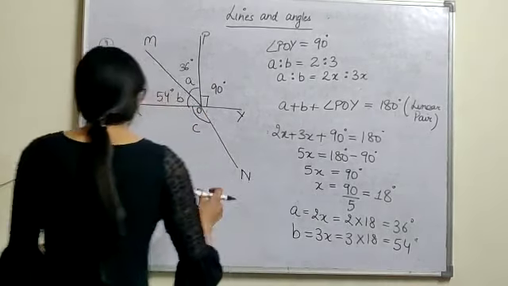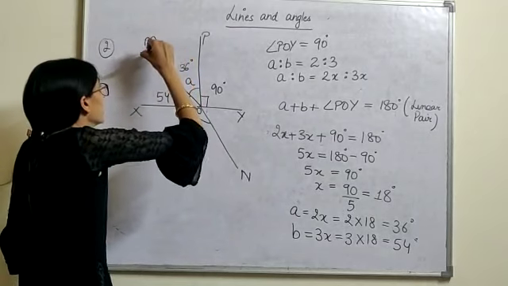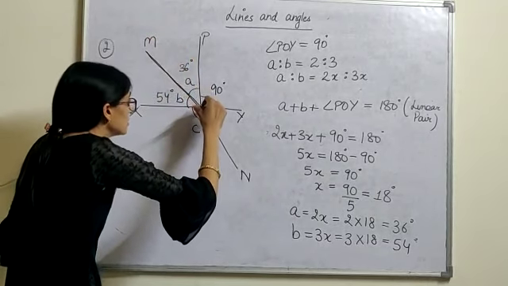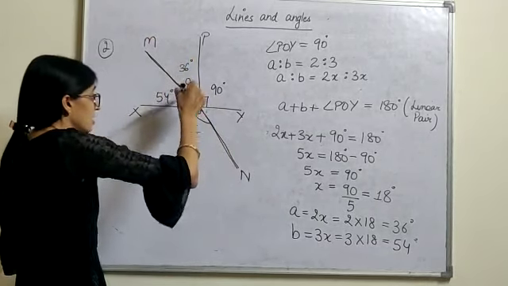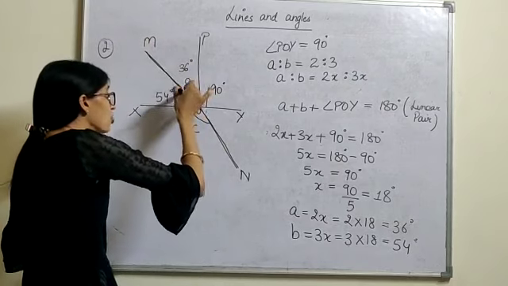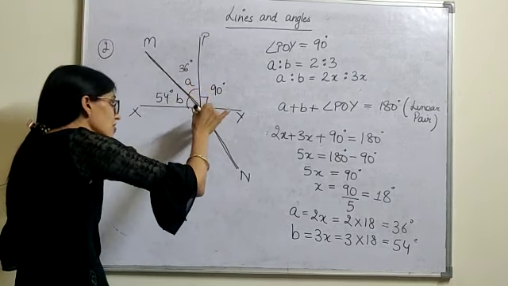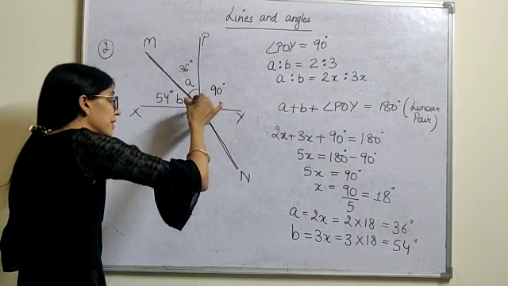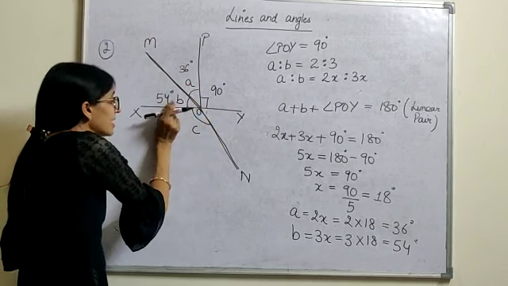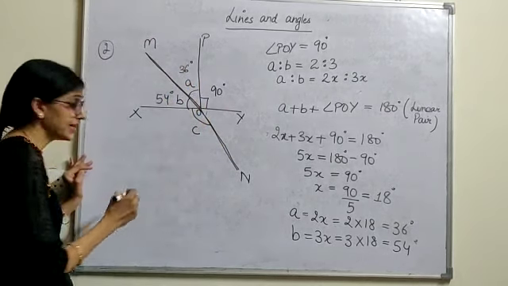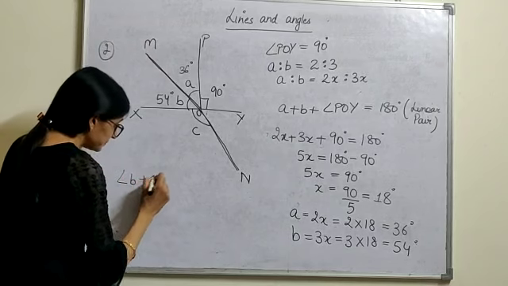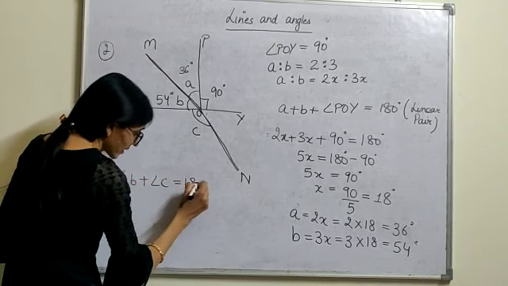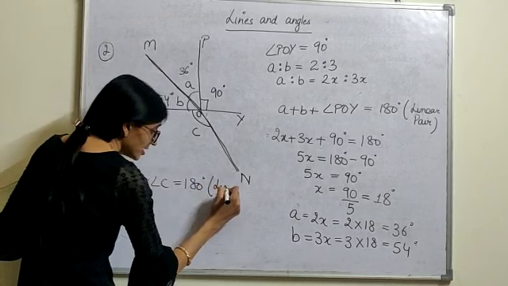So what will we do? Now look here. This is a straight line. So the sum of all these angles on the straight line will be 180 degrees. That means angle B plus angle C will be 180 degrees, a linear pair, because they are angles on a straight line.